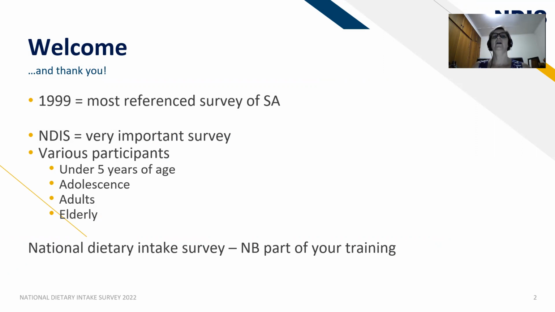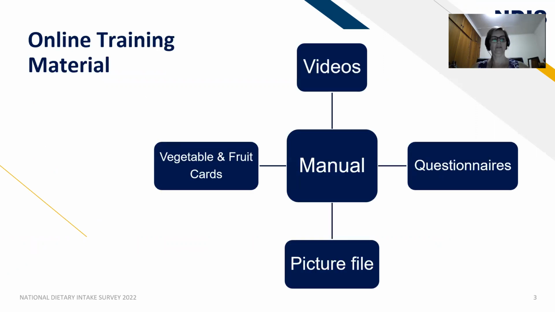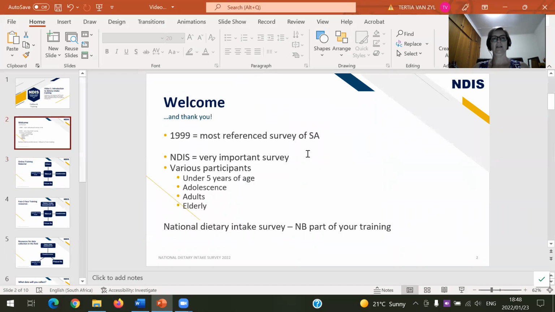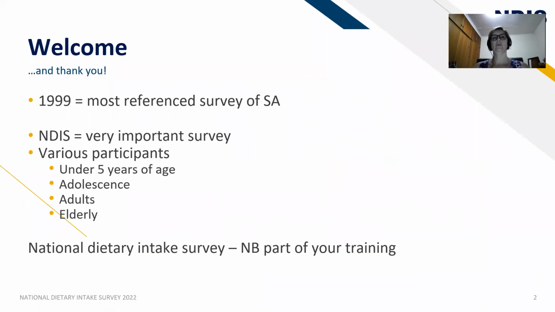Thank you for making yourselves available for this survey. As you can see, our last survey was done in 1999. It was also one of our most referenced surveys. This survey in 2022 is a very important survey, as this will also be done on various participants that we do not always have information on: the under 5s, adolescents, the adults, and the elderly.